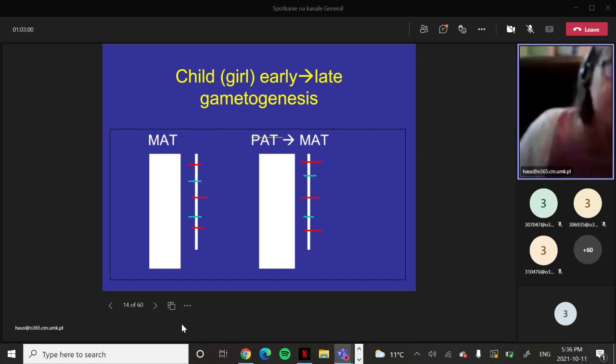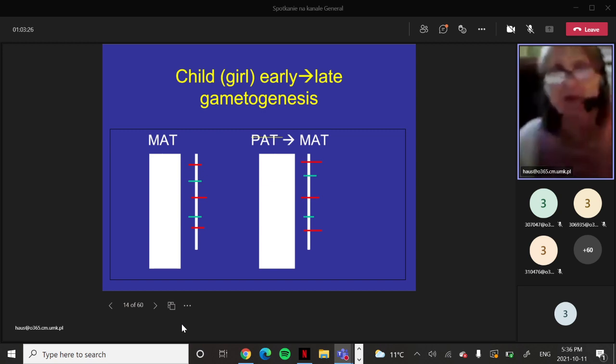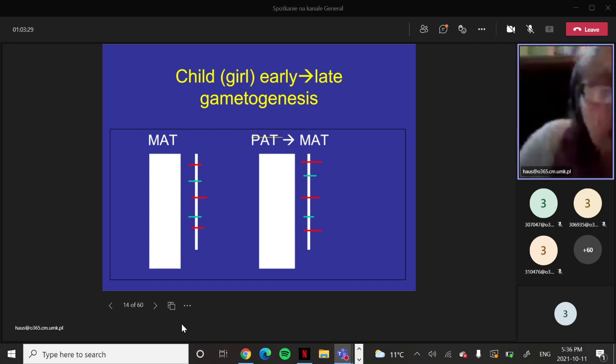Next, this child adds its own imprinting. For example, this child is a girl, and in her late gametogenesis she adds the female imprinting on the genes on the chromosomes. And what does it mean, maternal imprinting? On both chromosomes, the same imprinting, the same pattern of imprinting.